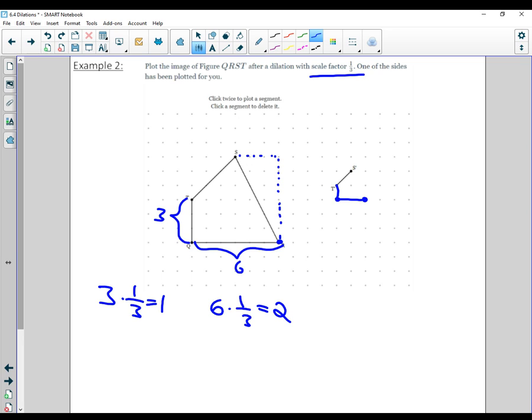I'm starting at this point and I go 6 up, and then I go 1, 2, 3 to the left. And if I times both of those by 1/3, I would get 2 and 1. We just did that, right? So that means go 2 up, so bang, bang, and then 1 to the left. And that would land us right back at S there.